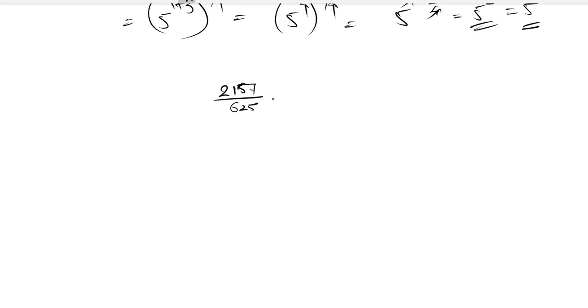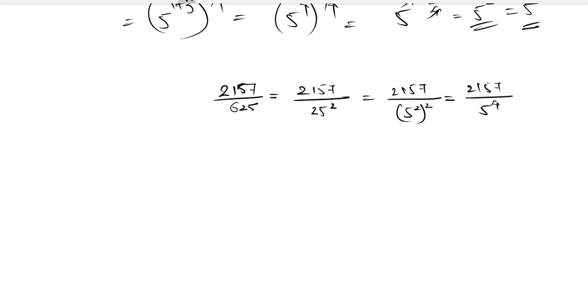Before expressing this in decimal form, I would like you to express the denominator in its prime factorization form. So 2157 upon 625 is 25 square. So it will be 2157 upon 25 is 5 square, the whole square, that is 2157 upon 5 raised to 4.